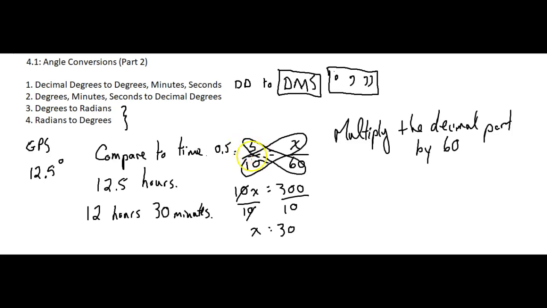So 60 times 5/10ths, or 60 times 0.5. So we do 0.5 multiplied by 60 is our 30, which produces the minutes. So let me show you another example that will be able to take it into seconds. And just think about that, converting any decimal portion of minutes into seconds, we will also multiply by 60.